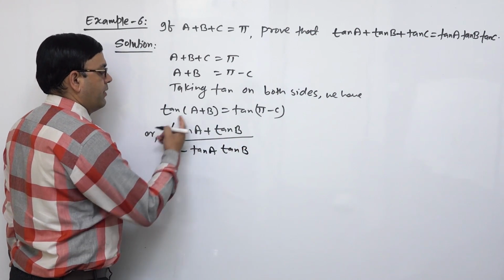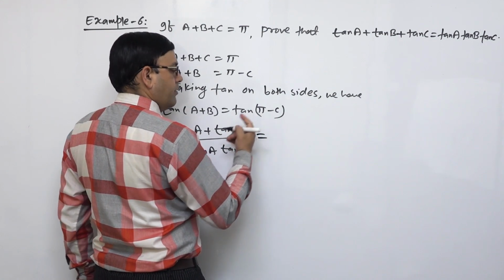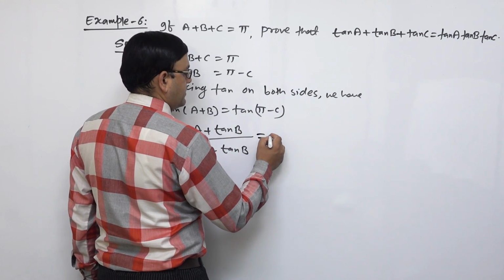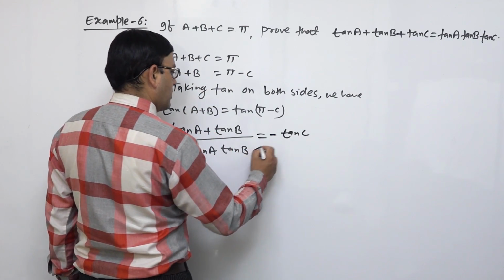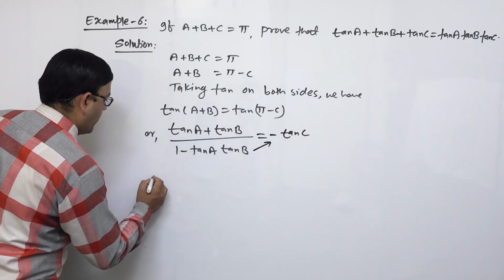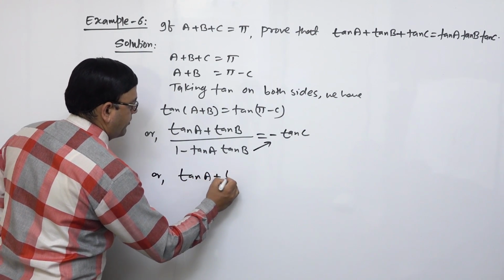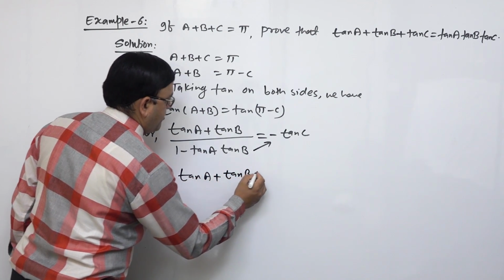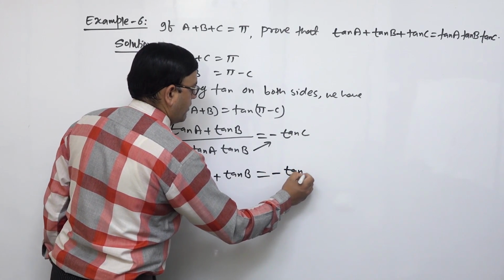This is the formula of tan(a+b) is equal to tan(pi), pi means 180 degree, tan(180-c) is minus tan c. We can cross multiply now, or we can write tan a plus tan b is equal to, let's multiply, minus tan c.